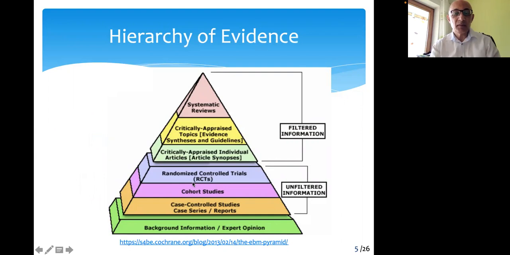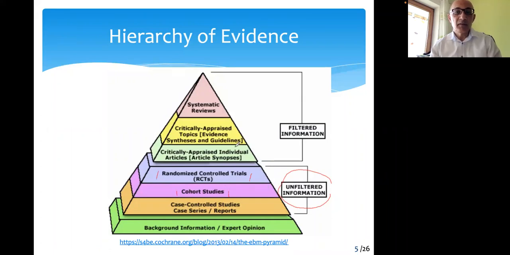Please remember that in the evidence pyramid, we had at the top of unfiltered information, the randomized controlled trials, the experimental studies, followed by cohort studies. This is very important, that these are on the top of the unfiltered information.